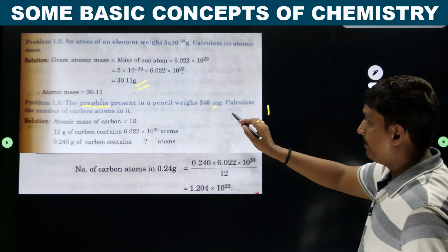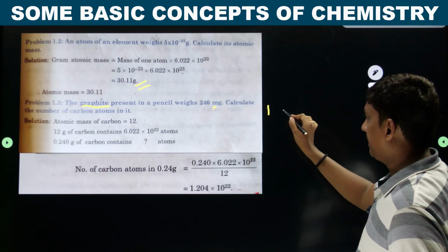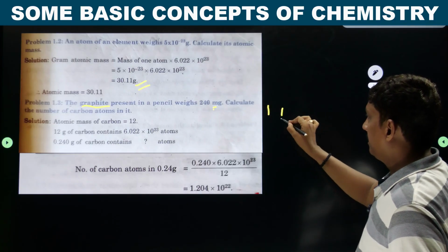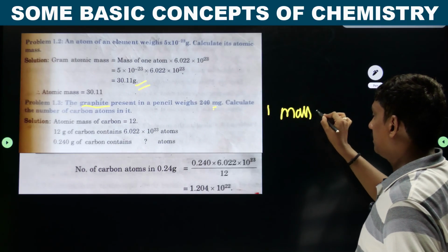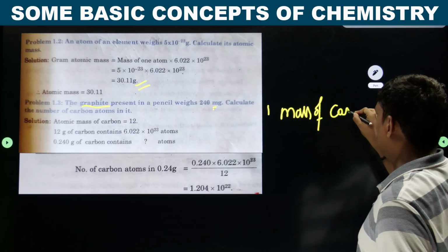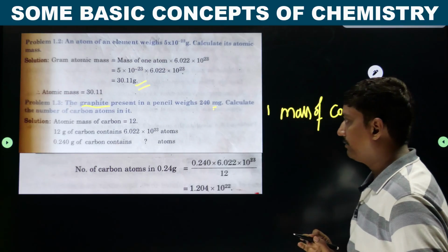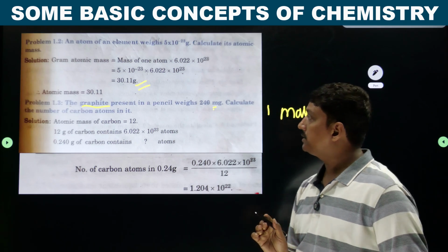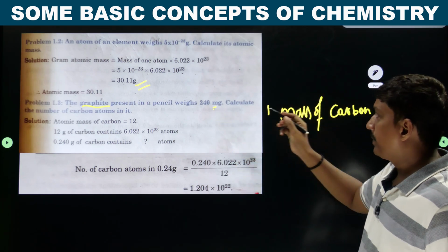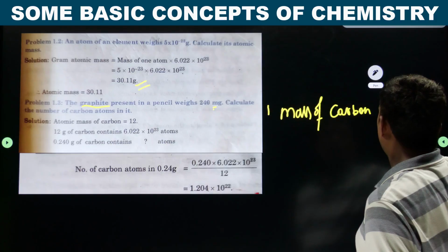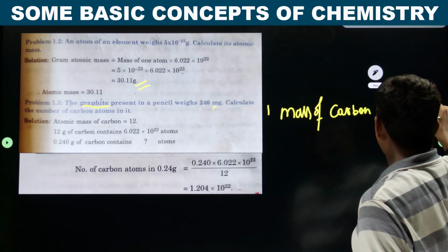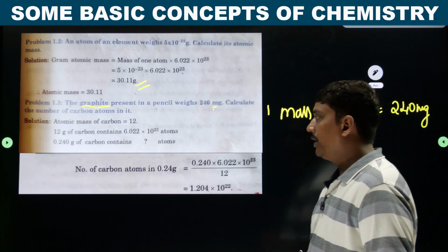what is the data given? Mass of graphite, that is carbon. Mass of carbon, it is nothing but graphite, is how much? 240 milligrams.